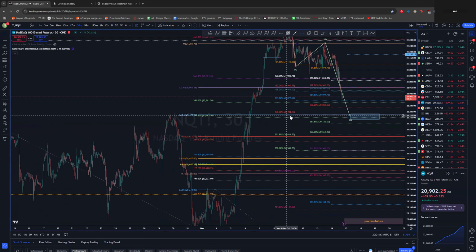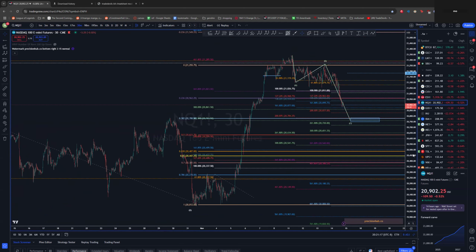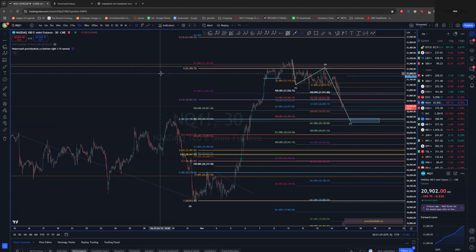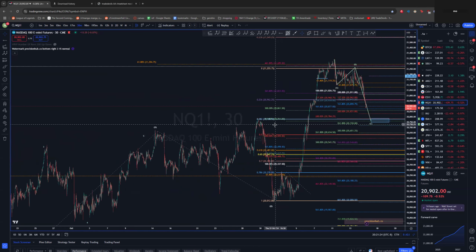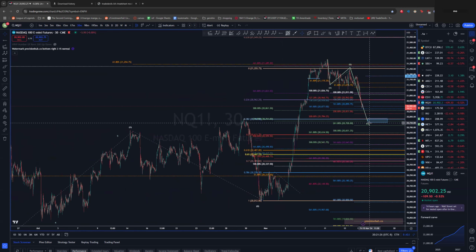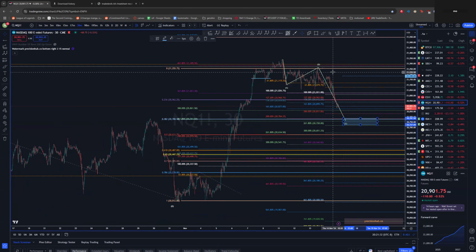Whereas if we look towards the 200% extension and the 382 of the entire move, then we can see that this 780 area has a lot more reason for us to bounce here and end whatever correction we're in.